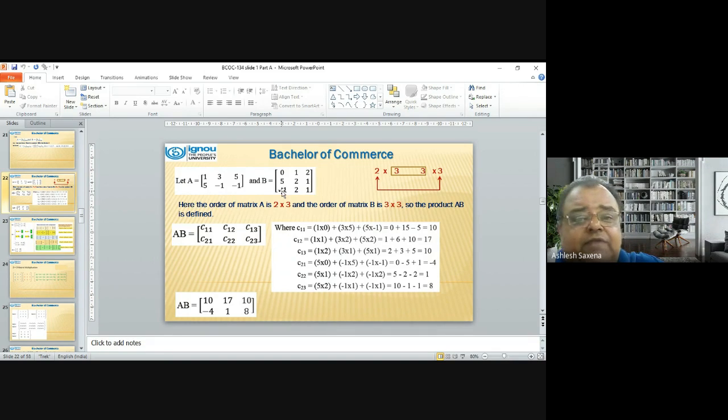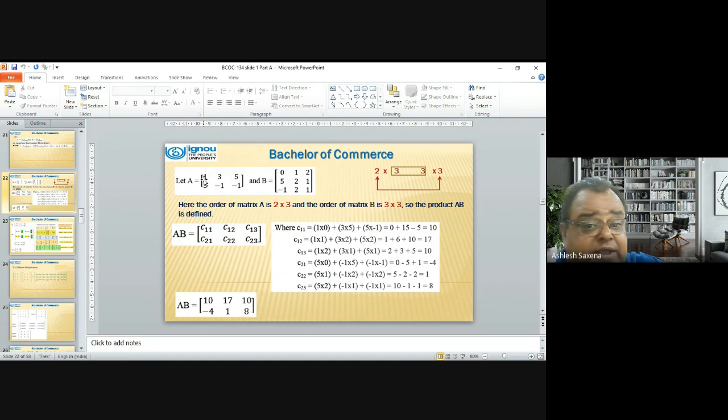We are going to get 15 minus 5, that is 10. 10 is over here. Second, C12. C12 means first row and second column. 1 into 1 plus 3 into 2 plus 5 into 2. That comes out to be 1 plus 6 plus 10. That is 17. You can see over here.